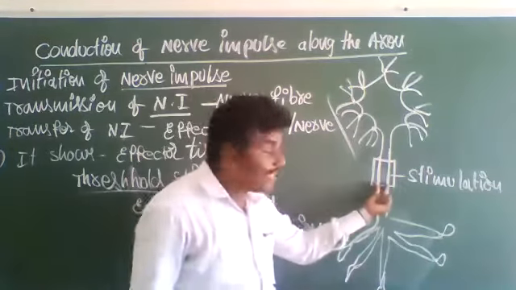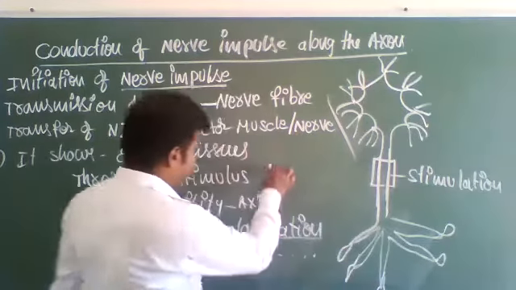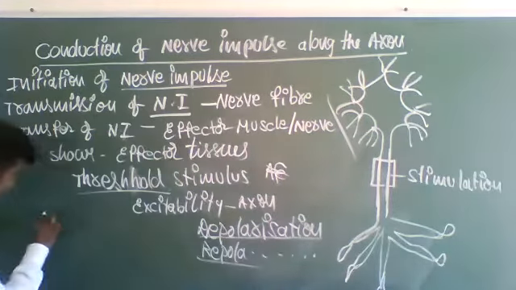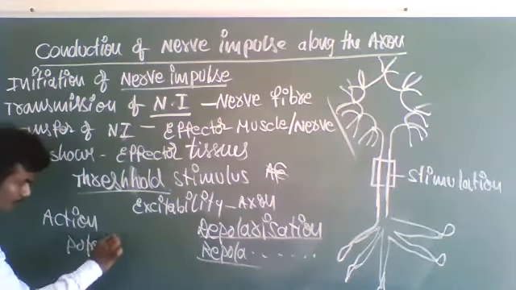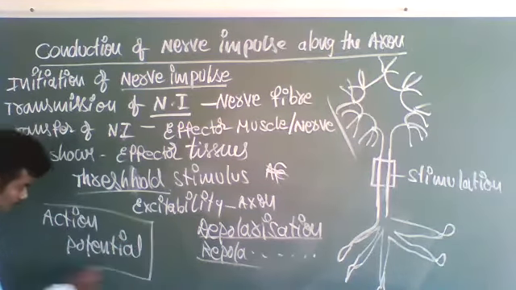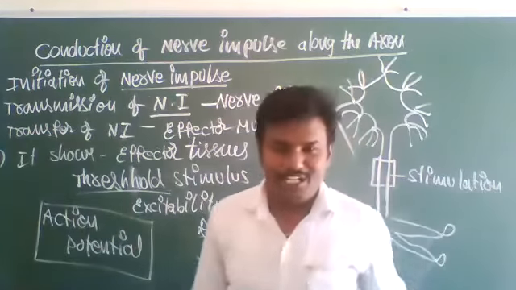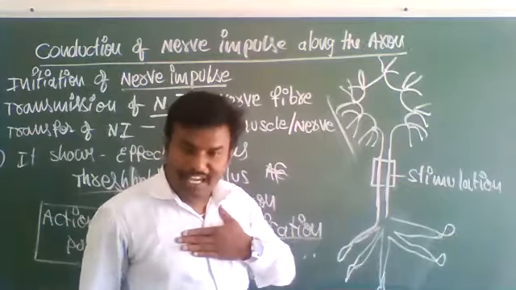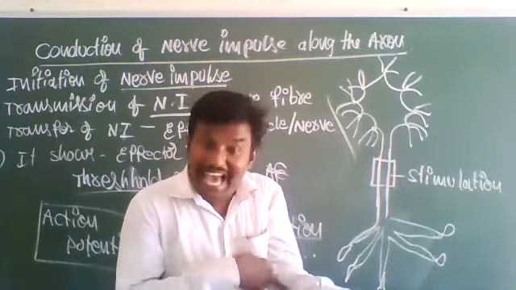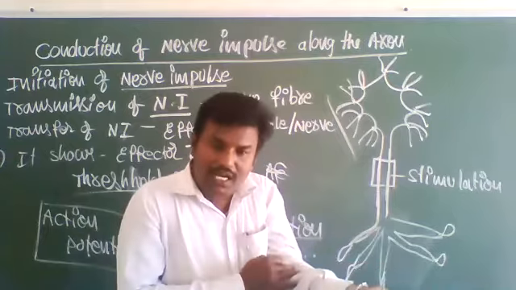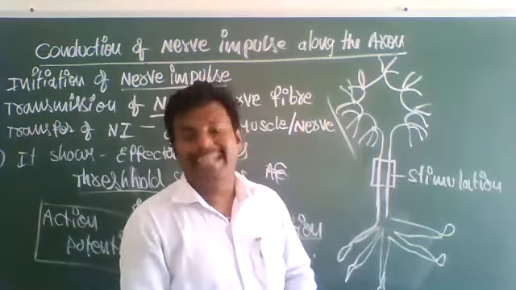Due to the changes in the membrane permeability, this results in action potential. So when you give a threshold stimulus to the axon, what will take place inside the axon? That is what I will now show in the form of a diagram.